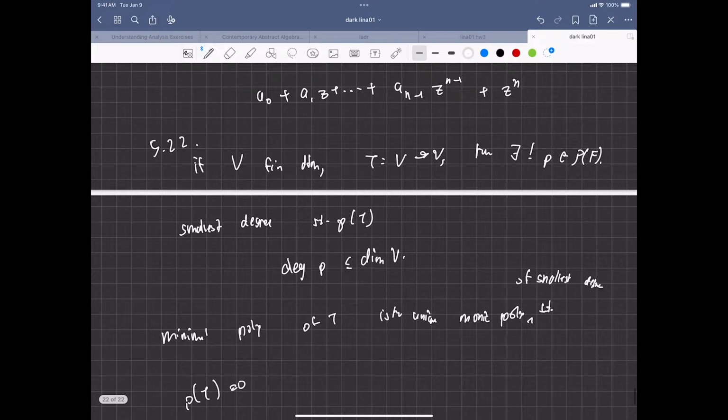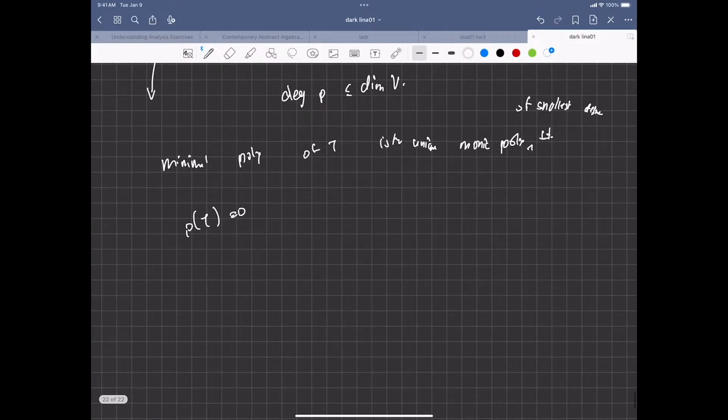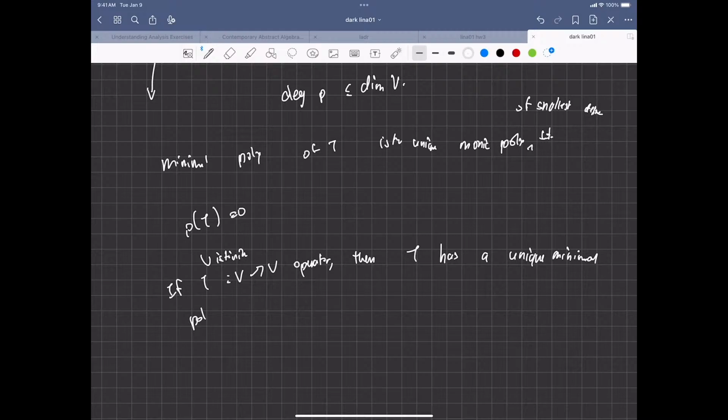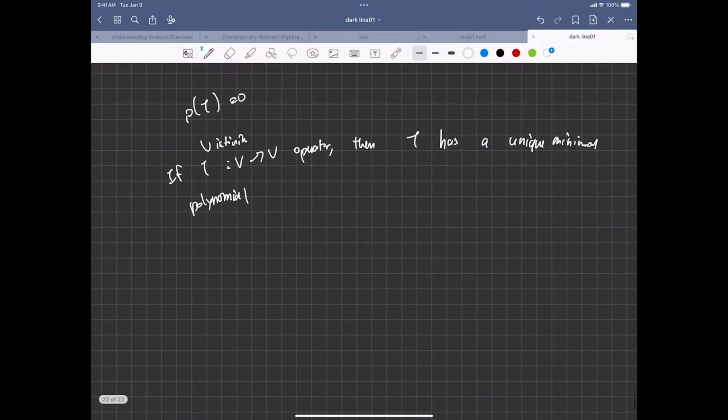So this result tells us that if V is finite dimensional and T is an operator, then T has a unique minimal polynomial. So what it says is that every linear operator over a finite-dimensional vector space has a unique monic polynomial. It will always have one.